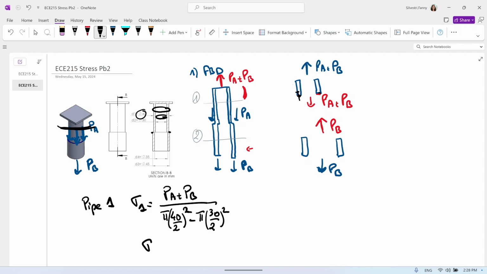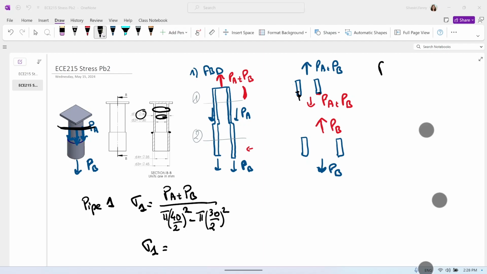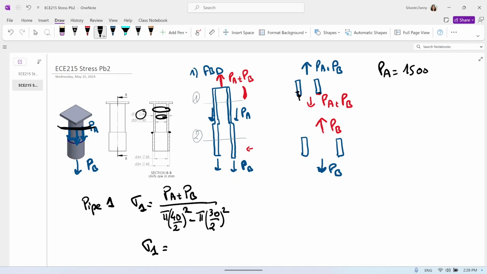Okay, so your sigma 1 in your pipe 1. In our example, we will take PA equal to 1500 newtons and PB equal to 2000 newtons.